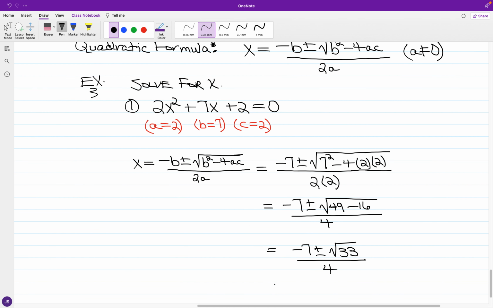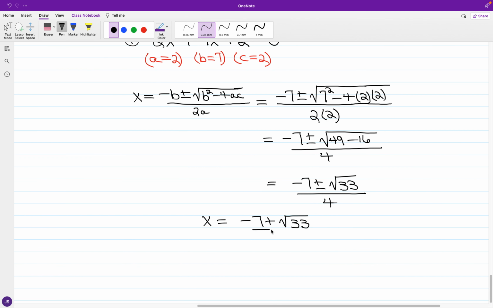The square root of 33 is already in simplest radical form. So for the combination, on the side of addition, we have negative 7 plus the square root of 33 all over 4. And at the lower end, we have negative 7 minus the square root of 33 also over 4.